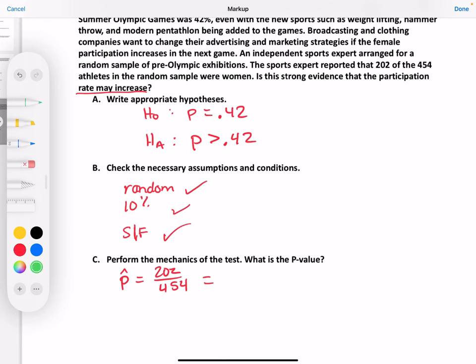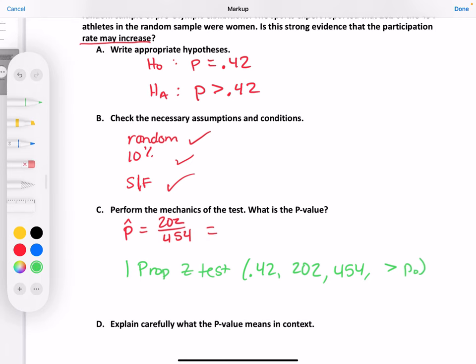But we're going to use the calculator, so one prop z test of 0.42, 202, 454, and greater than p0. So then I want that p-value.